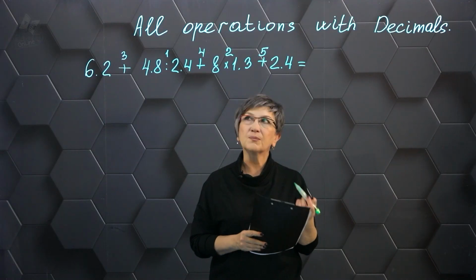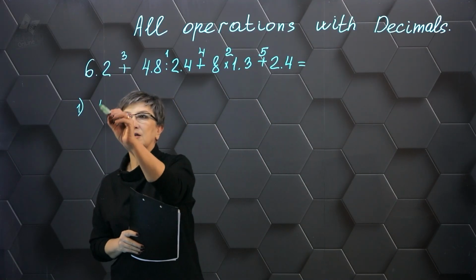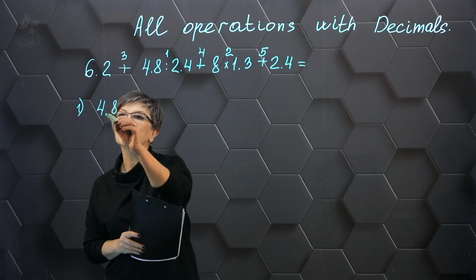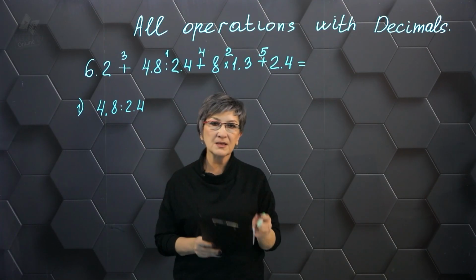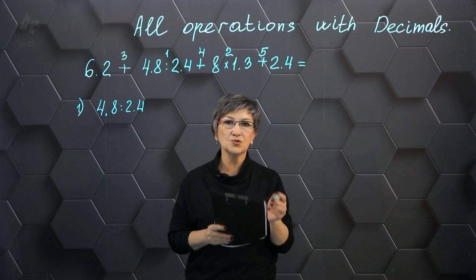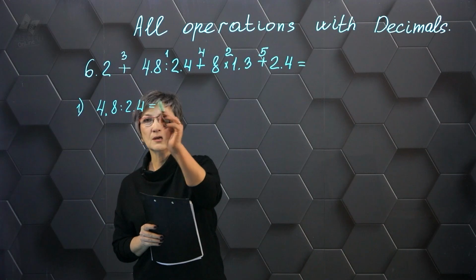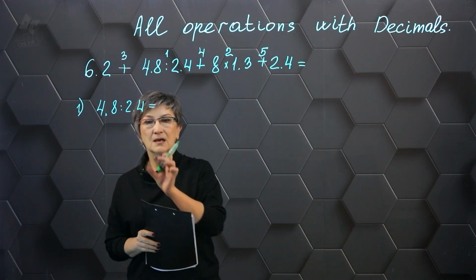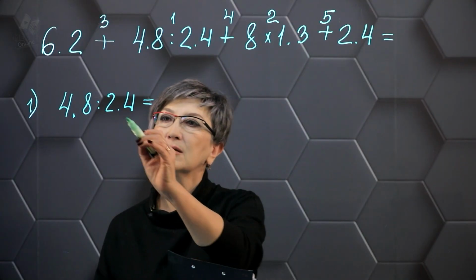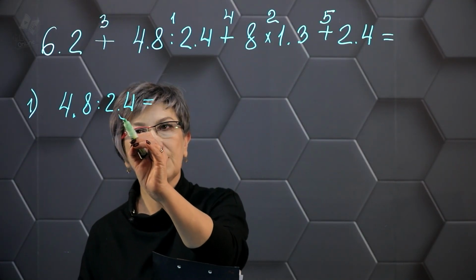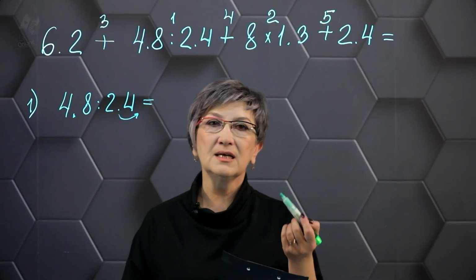Let's remember how division is done. I'm writing the first action. We need to divide 4.8 by 2.4. Let's remember how to divide a decimal by a decimal. First of all, we need to look at the divisor. There should be no decimal point in this number, so I must move the decimal point one sign to the right.